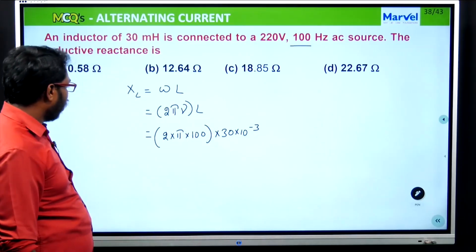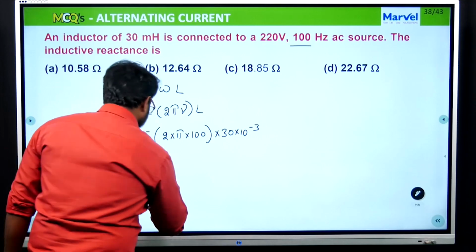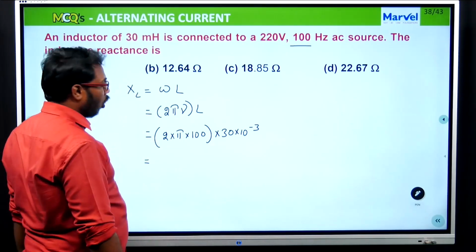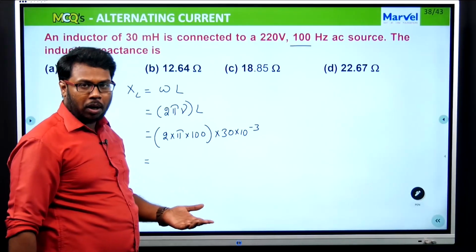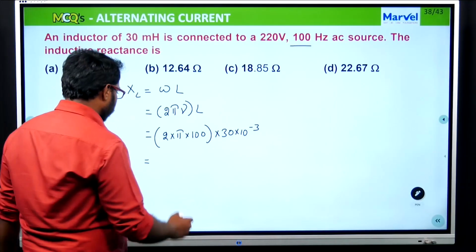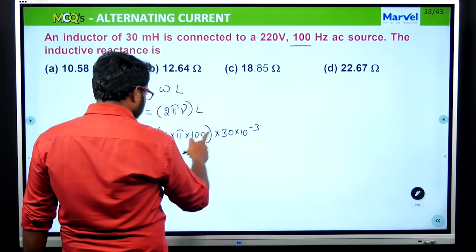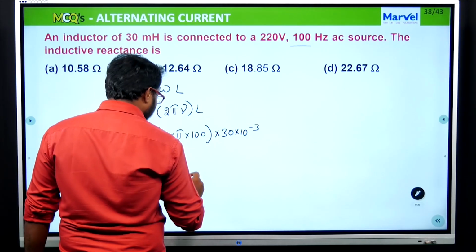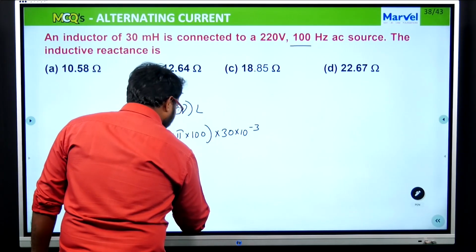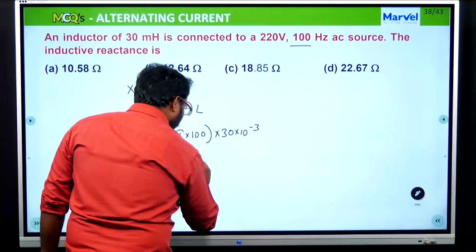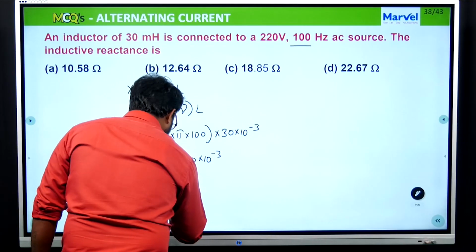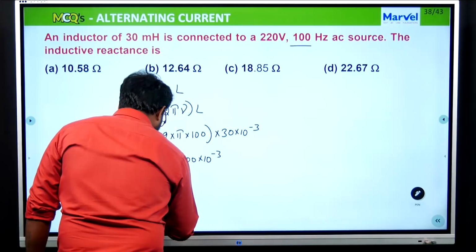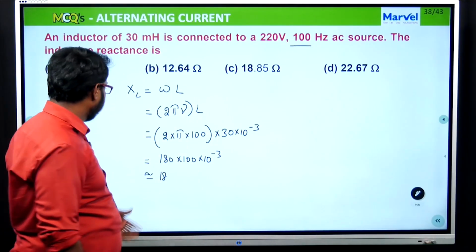30 into 10 power minus 3, which is equal to, I am going to approximately solve this because we have pi. I will approximate my value of pi to 3. So 3 into 2, 6. 6 into 3 will be 18. So 180 into 100 into 10 power minus 3. So which approximately leads me to 18. Okay, this is not an exact value.